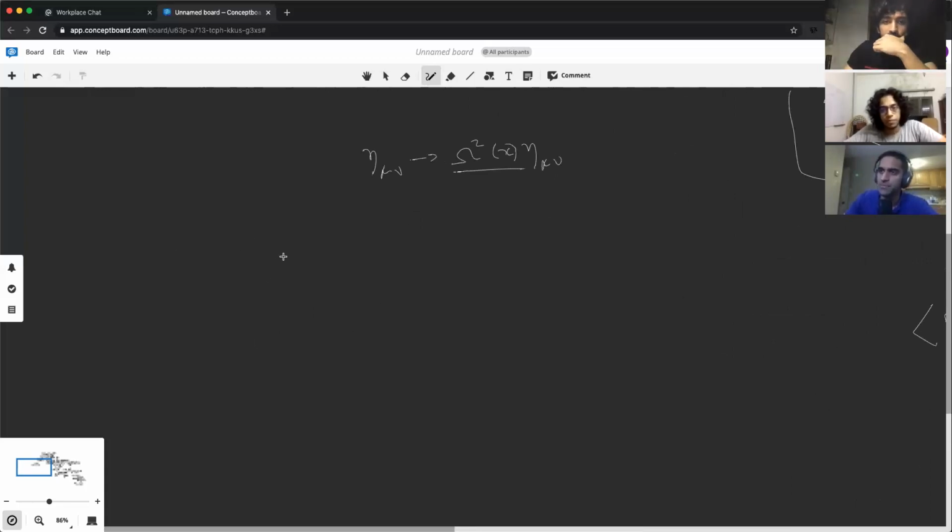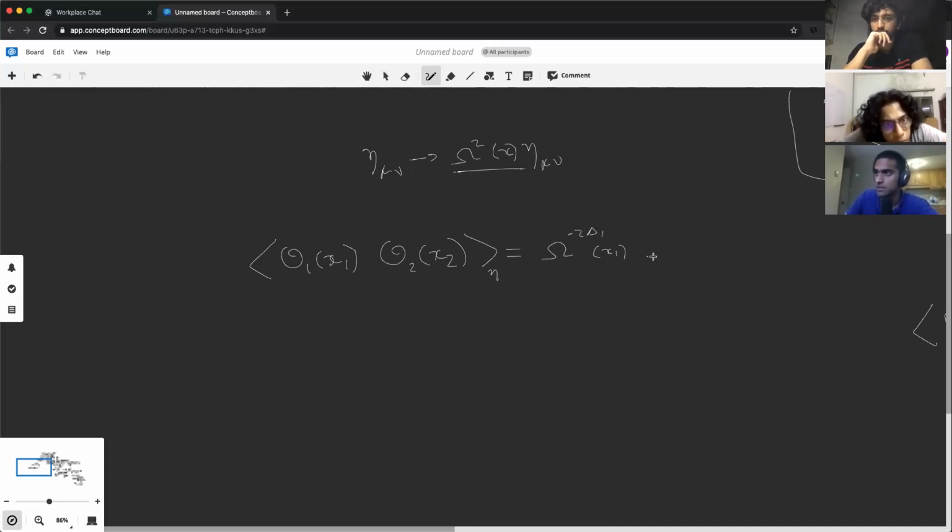So now let's see if I can remember how this works. You want to give a statement of invariance. You want to say that under Weyl transformations, I define this on eta, and I want to say that this equals 2 delta 1 x1, on x1, 2 of x2, on my rescaled metric.